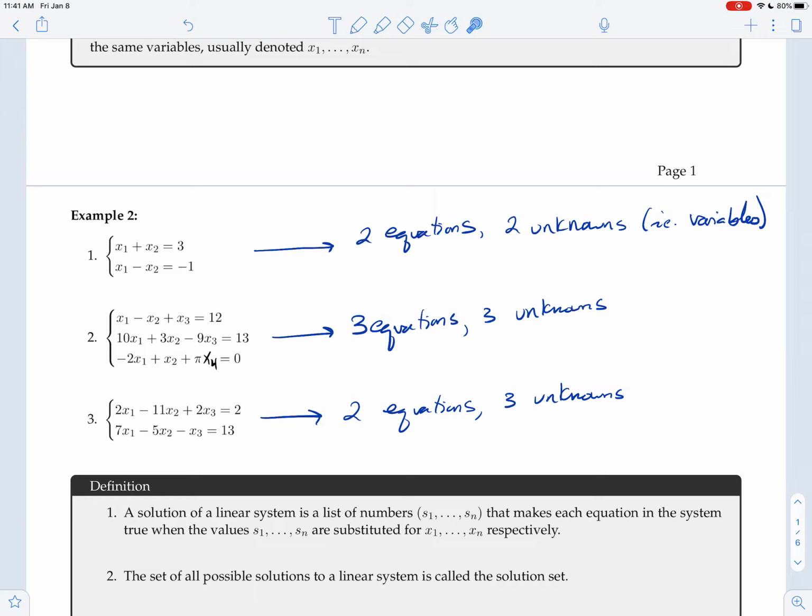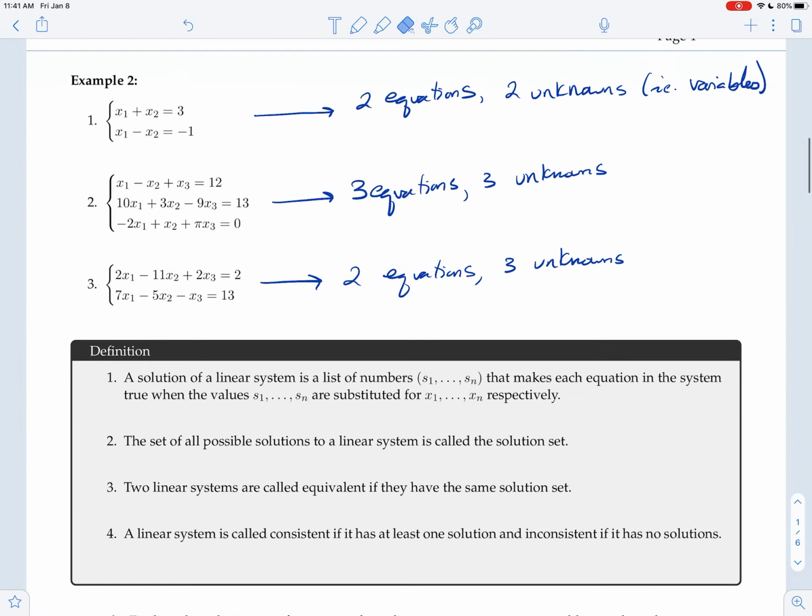Because we said the same variables need to be used, and there's an x to the 4th here, and not in any of those. Is that okay? And the answer is yes, it's perfectly fine. You do have an x to the 4th here. It's just 0x to the 4th, and there's a 0x to the 4th there, and so on and so forth. So just to point out, it may be that one variable lives in only one equation and not the others. No problem. We're good to go.